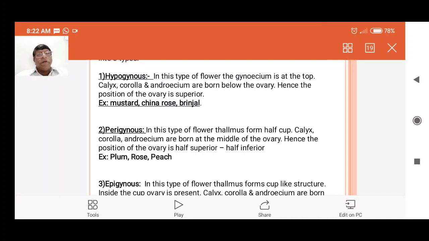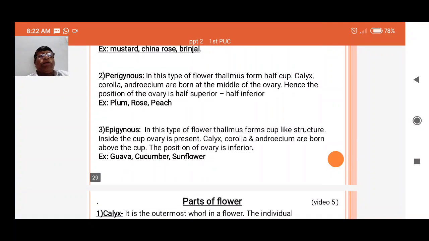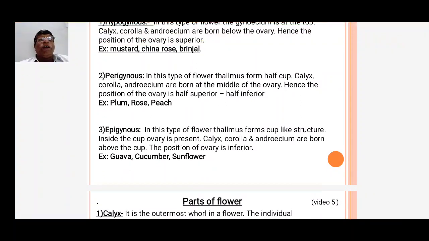Last one. Epigynous flower. Very important for the NEET. Example, you see the epigynous flower. Guava, cucumber, sunflower. In this type of flower, the thalamus forms a cup-like structure. Inside the cup, the ovary is present.